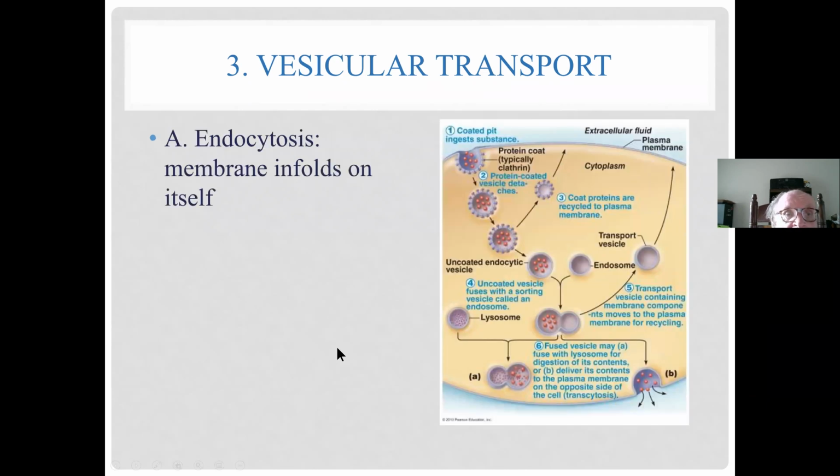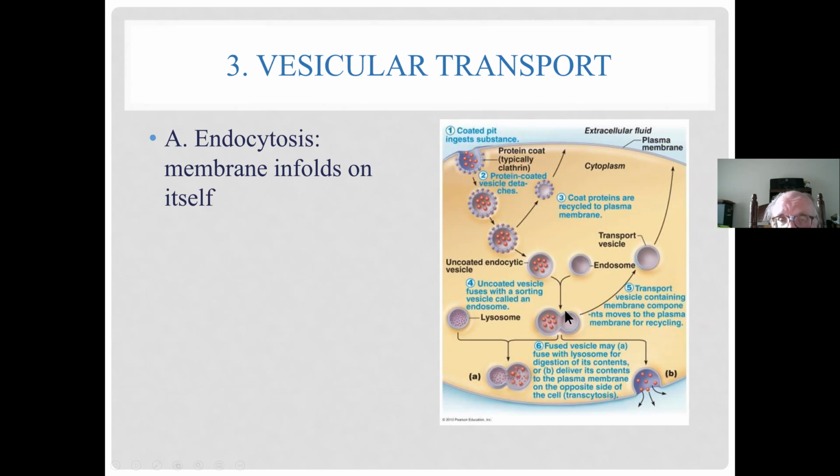We have processes called endocytosis, where endocytosis means we're going to take it inside, we're going to engulf it. Say this is a bacteria. We're going to take it inside and attach it to a lysosome, which we'll talk about a little bit, and that's going to break it down.